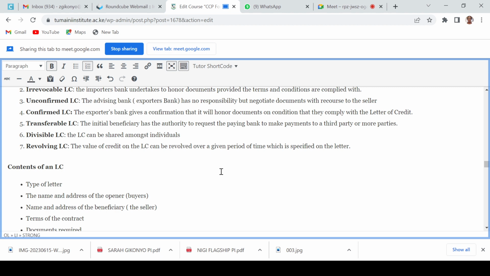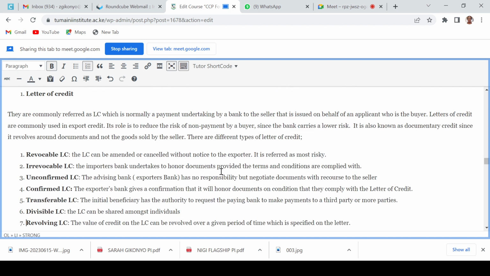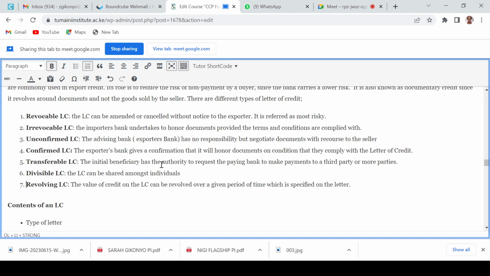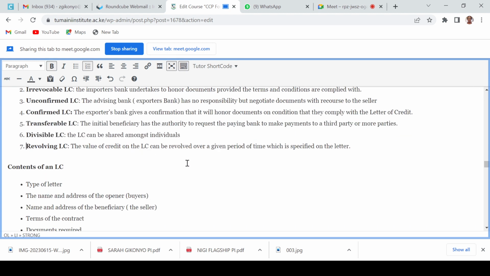So inakuwa revolving. Hiyo nimepeleka ninalipwa. Hiyo letter bado inasimamia the new transaction. So we call that a revolving letter of credit. As for the names, isiwashtue vile tu majina iko: revocable, irrevocable, confirmed, unconfirmed, transferable, divisible, revolving. So hiyo isiwashtue.